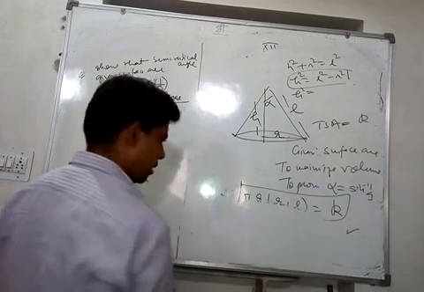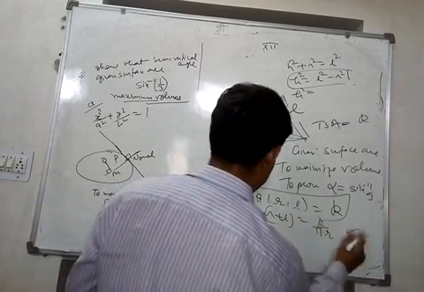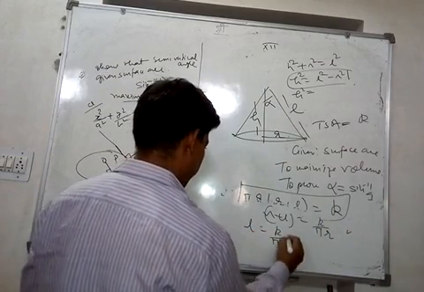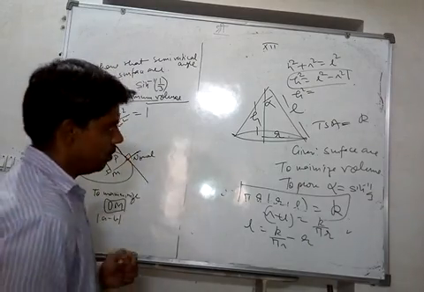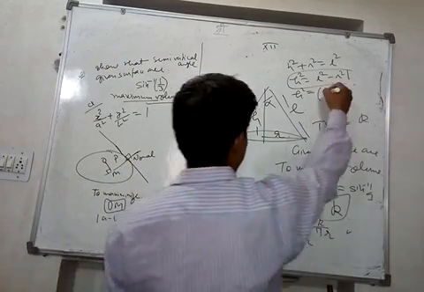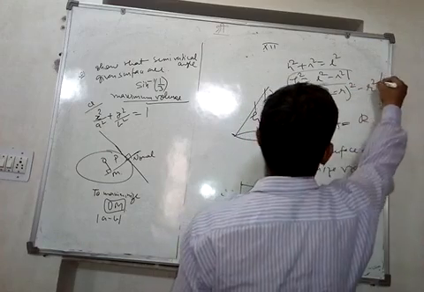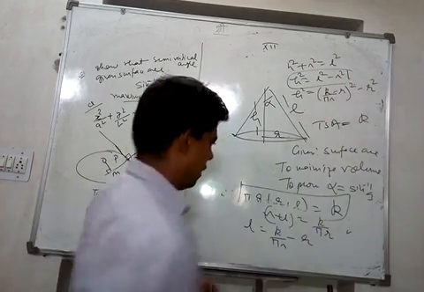So what is r plus l? It is k upon pi r. So what is l? k upon pi r minus r. So h square is k upon pi r minus r, whole square, minus r square. This is your h square.